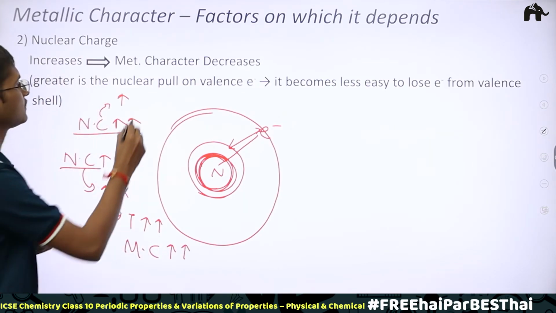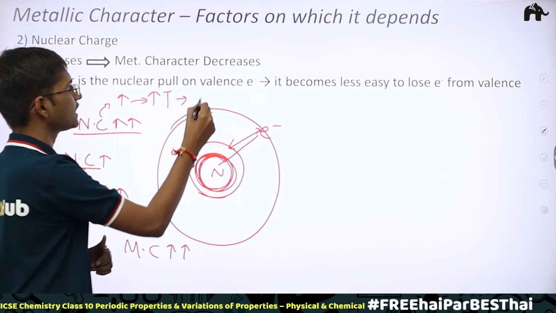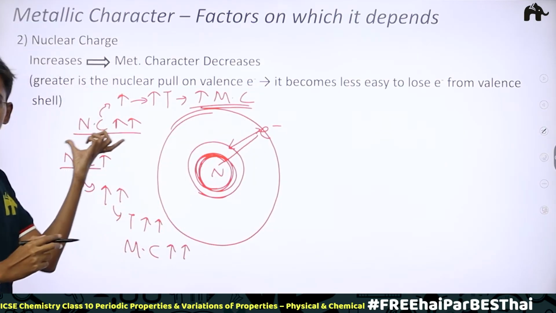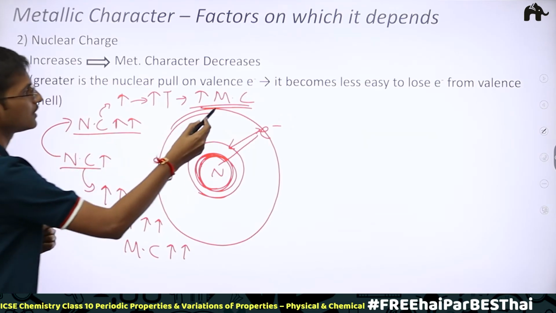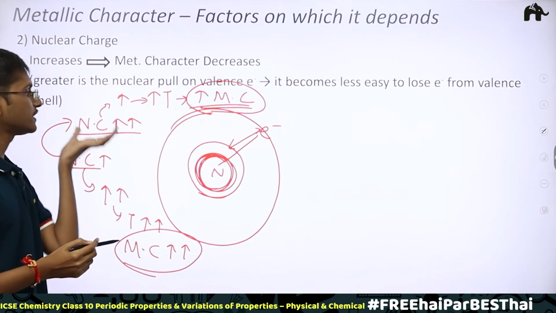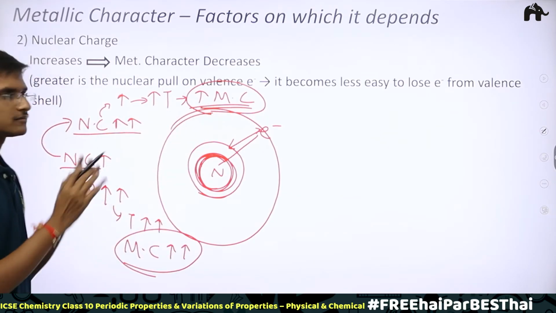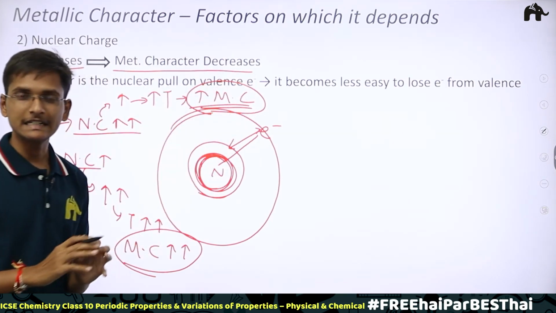Similarly here, if the ease is this much, the tendency would also be this much, and the metallic character would also be this much. So when we increased the nuclear charge, initially the metallic character was this much, but now metallic character decreased, right? So simply, as nuclear charge increases, metallic character decreases.